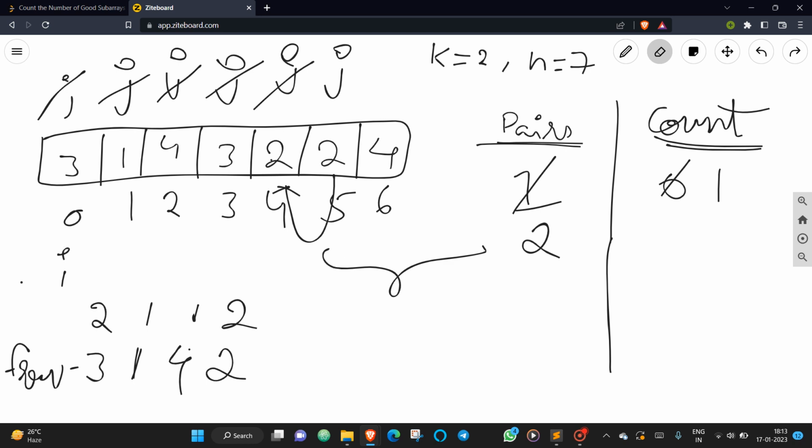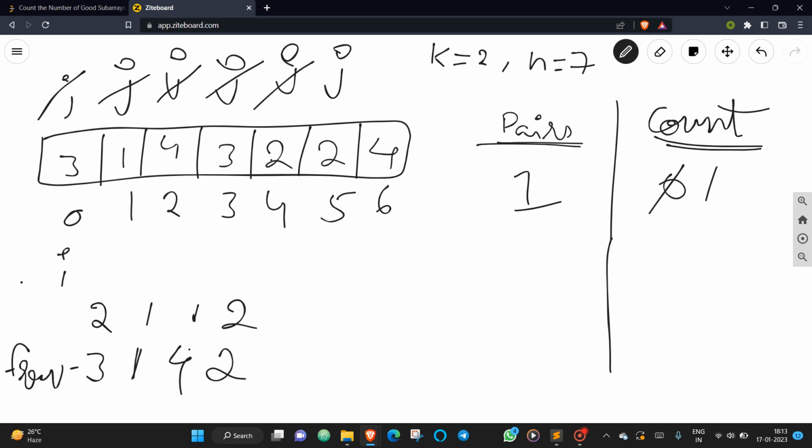So what I was saying is, if it satisfies my k pairs, can I say this length also satisfies my pairs?